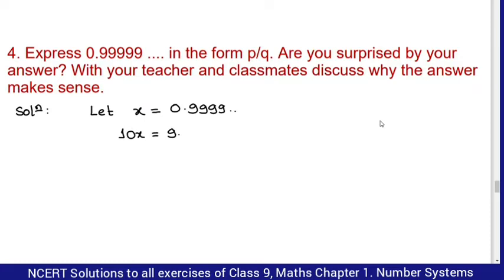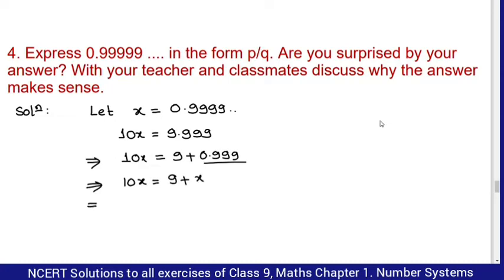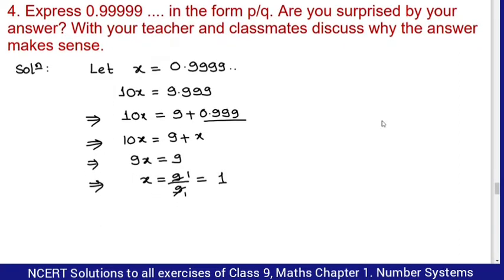Then 10x is equal to 9.99, or 10x can be written as 9 plus 0.999. So 10x is 9 plus x. This implies 9x is equal to 9. Then x is equal to 9 by 9, that is 1. So we got x as 1.